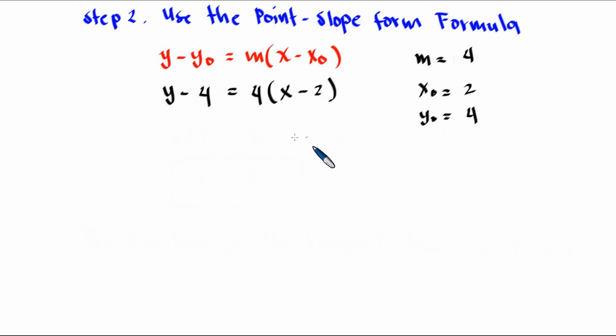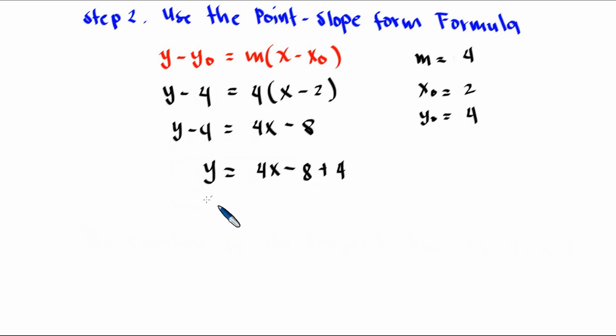Then simplifying this gives us y minus 4 is equal to 4x minus 8. Then adding positive 4 to both sides, that gives us y is equal to 4x minus 8 plus 4, which is y is equal to 4x minus 4.